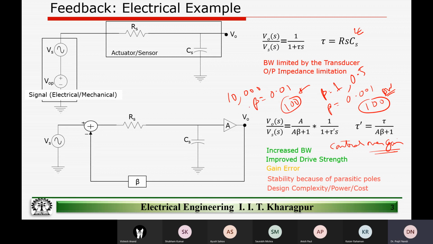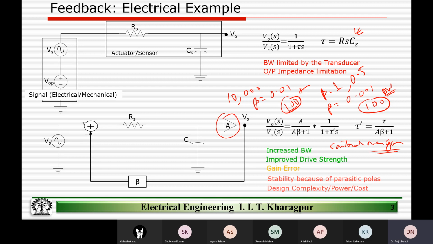So realistically, having a very high closed loop gain becomes a real challenge. If you see A beta, instead of 1000 or 10,000, now my A beta itself is 100, which is fine in the sense that my gain error is still acceptable. But what problem will you end up with in a real amplifier system if you have a high closed loop gain? You will find that making the system stable becomes extremely challenging.